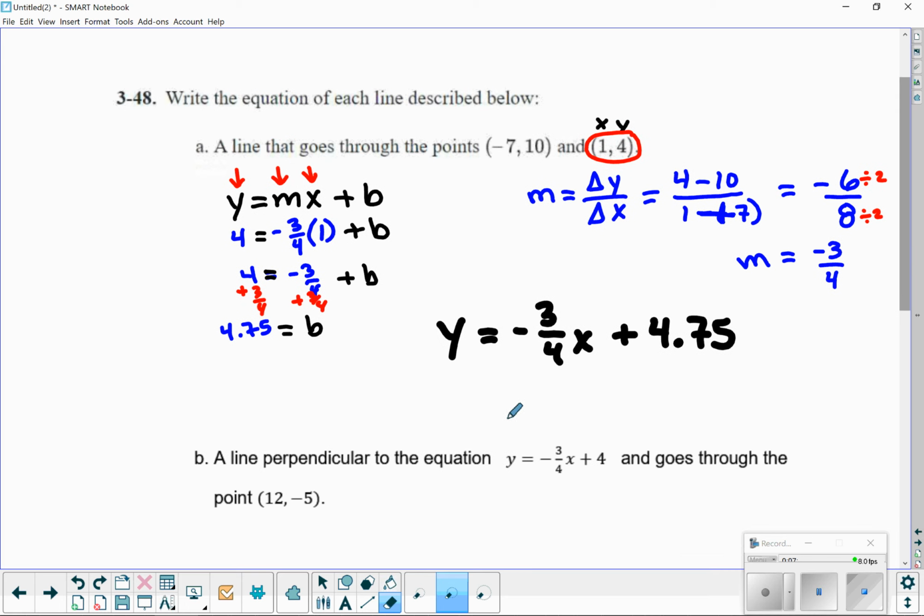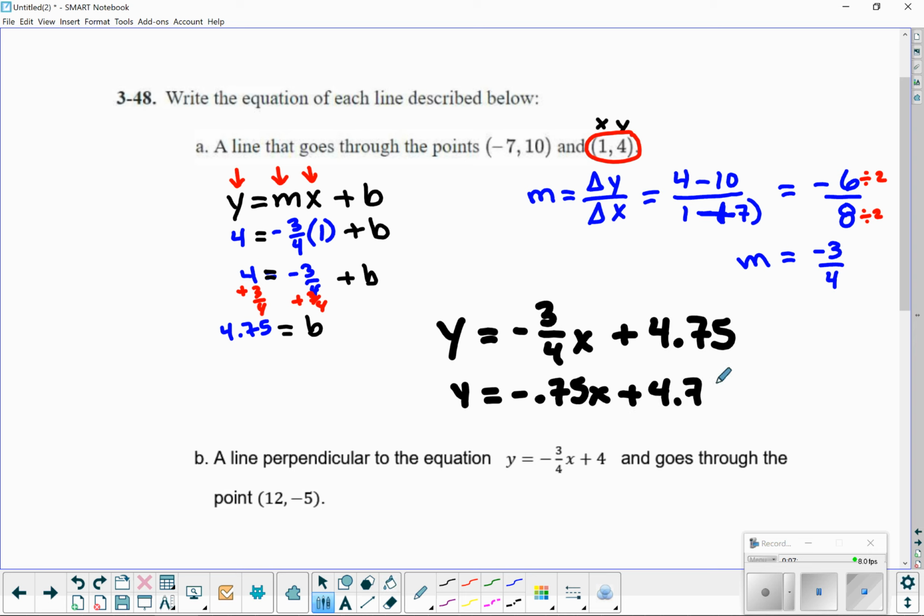You want to stick just to decimals, you can call it y equals negative 0.75 x plus 4.75. And if you want to stick to fractions, you can call it y equals negative 3/4 x plus 4 3/4. Okay, so either way is fine. Any one of those.